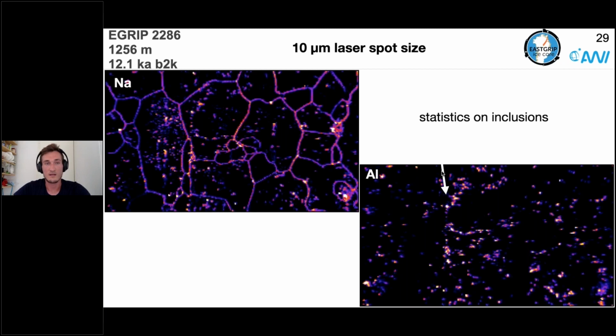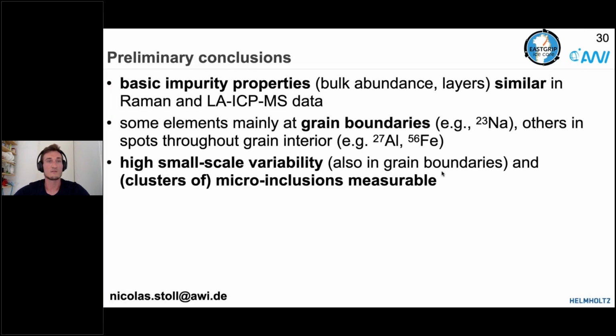measuring campaign here. And there are some preliminary conclusions, such as that the basic properties, so where do we have a lot of impurities, do we see layers, are similar in Raman data and in laser ablation data. So the comparison between those both methods is quite successful.